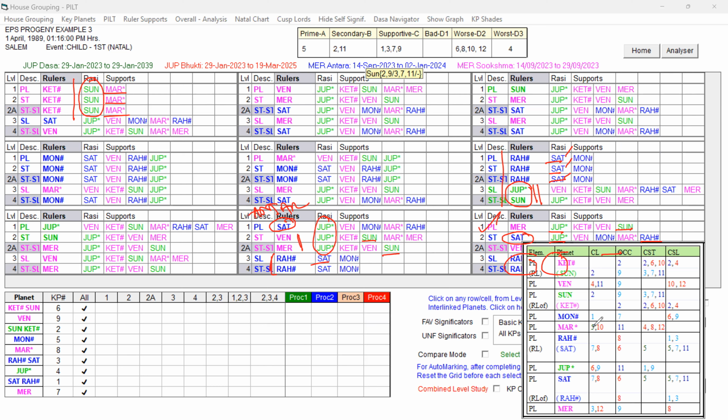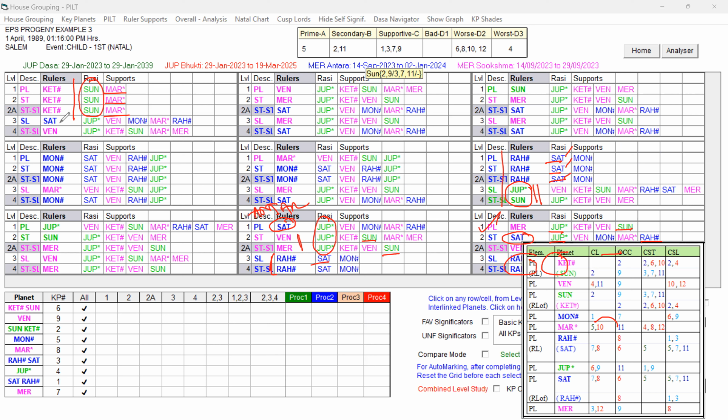Mars is a mixed planet, but 5 and 11 grouping is also present. Along with that, some obstacles. So Ketu, all levels are supported by the support planet Sun, and also Ketu has got some supportive significations.